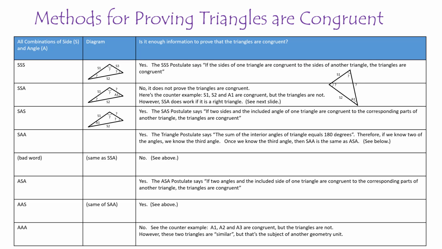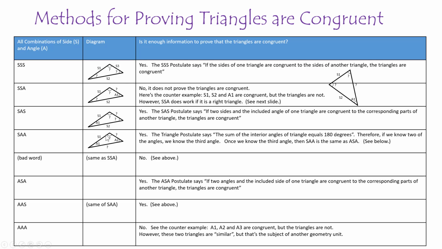The next one is side angle angle. And if you know the side and then an angle and then the next angle there, as shown, the answer is yes. And the reason is there is another postulate called the triangle postulate that says the sum of interior angles of a triangle equals 180 degrees. And because of that, if we know two of the angles, like A1 and A2, then we know the third angle.